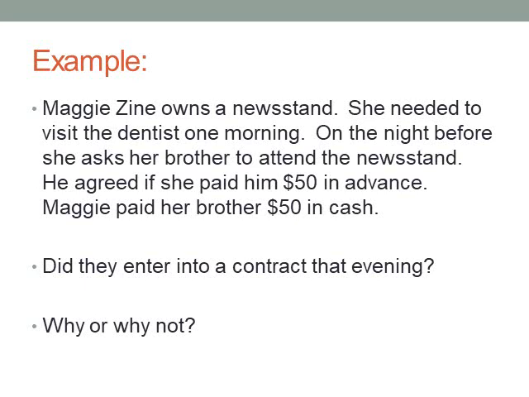In my example, it doesn't say whether he showed up or not. I'm just reviewing these circumstances. Would you think that they entered into a contract? The answer would be yes, because Maggie would have reasonably relied on her brother's comments to her and her actual payment of the $50.